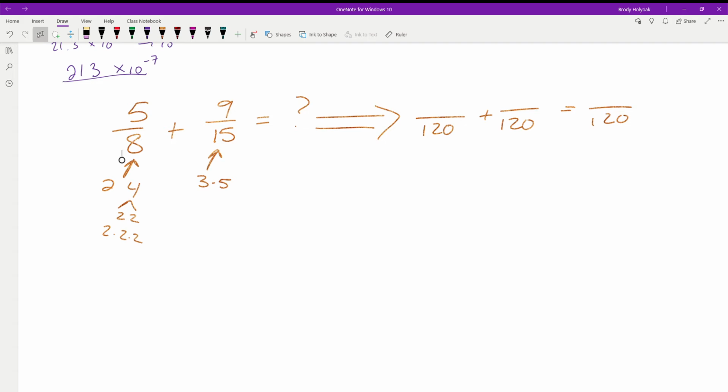We have to multiply the numerator and denominator by the same thing to maintain it, because 15 over 15 is the same as 1, and if we're multiplying by 1, we're not changing the equation at all. So we take 5 times 15, and that gives us 75.